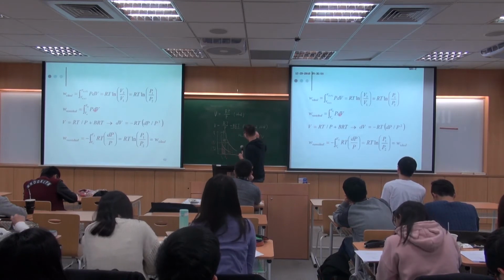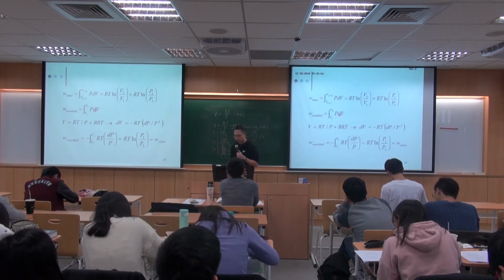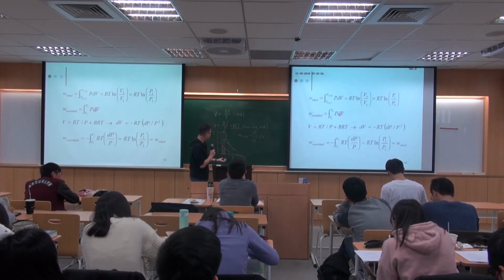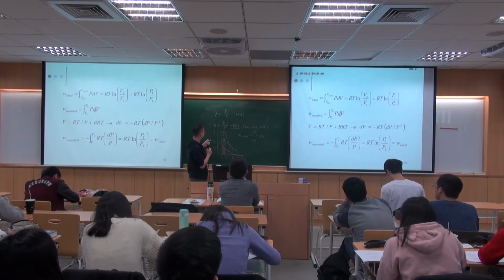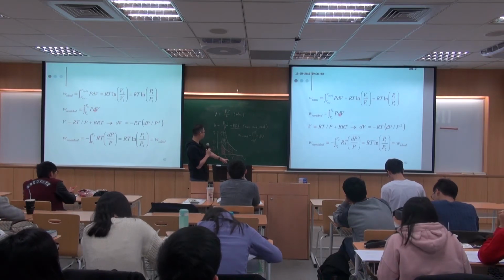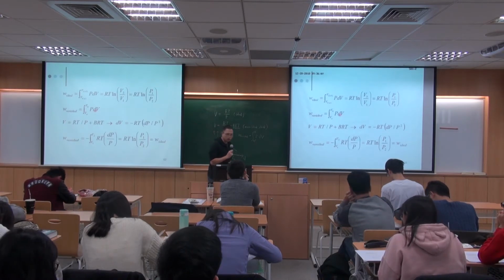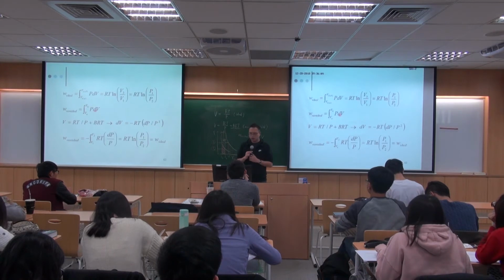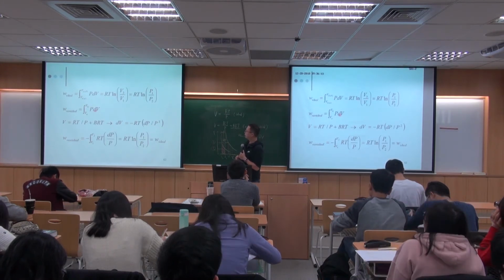And let's say this is V1 prime, V2 prime. In the case of non-ideal gas, we don't know what V1 prime and V2 prime are. We only know that the pressure goes from P1 to P2, but we don't know exactly what V1 prime and V2 prime are. So we have to do some mathematical trick.